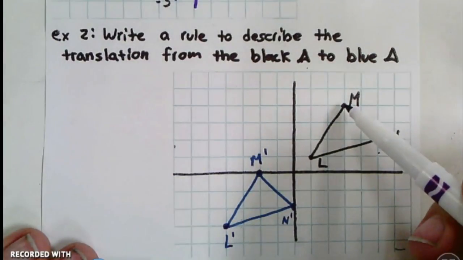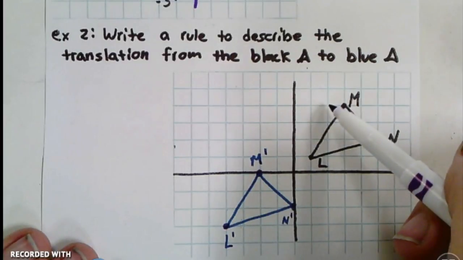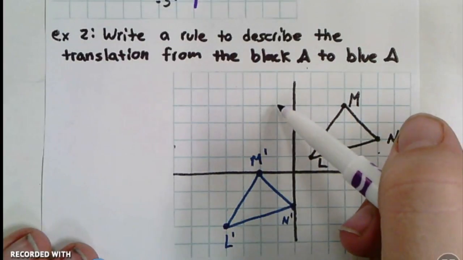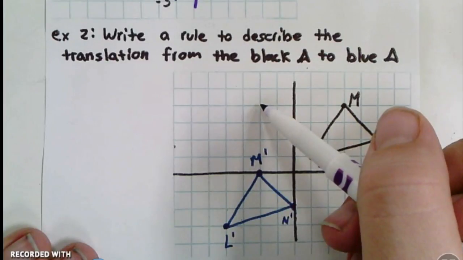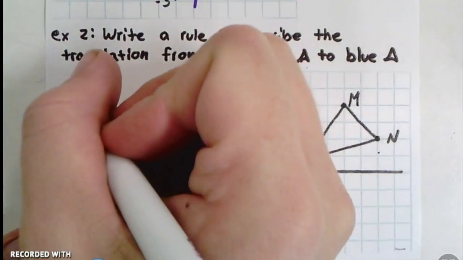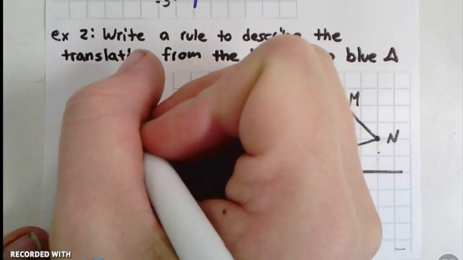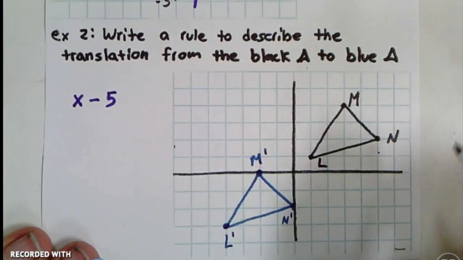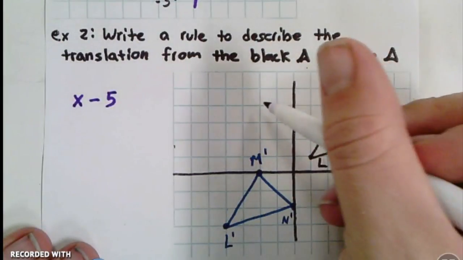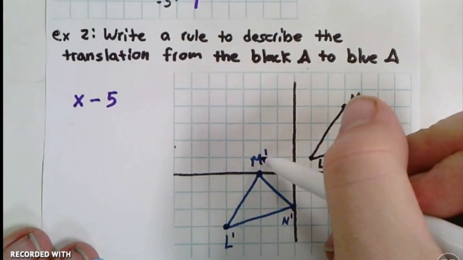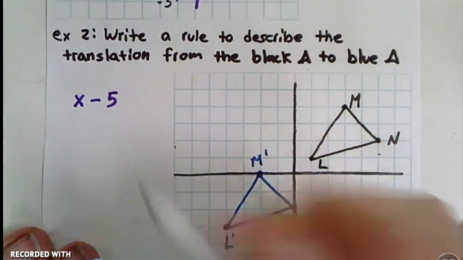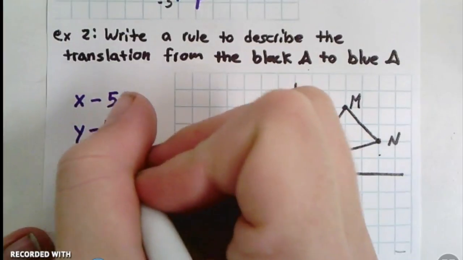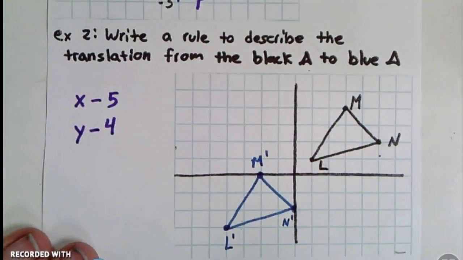So from M to M prime, we're going to the left 1, 2, 3, 4, 5 spaces. So that's going to be X minus 5. And then I'm going down 1, 2, 3, 4 spaces. So that's going to be Y minus 4.